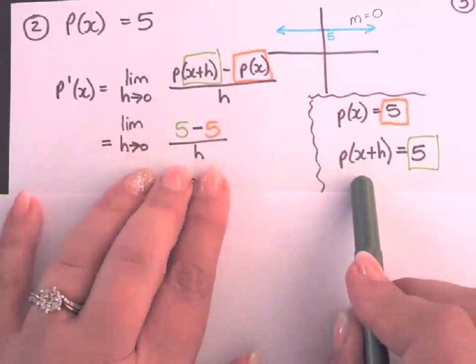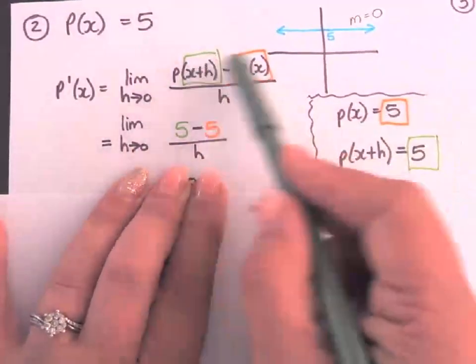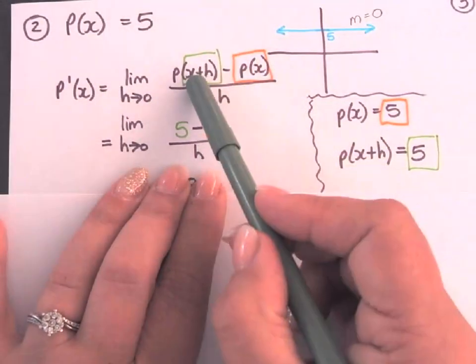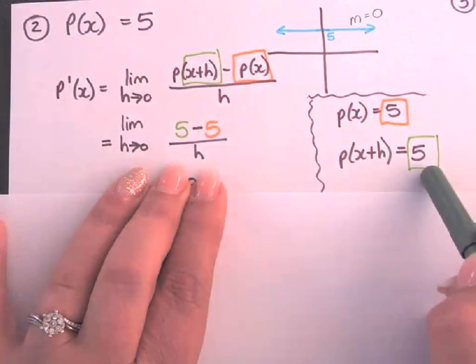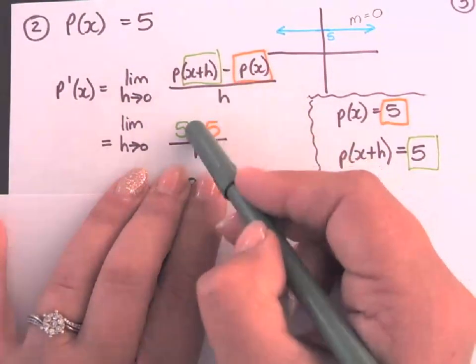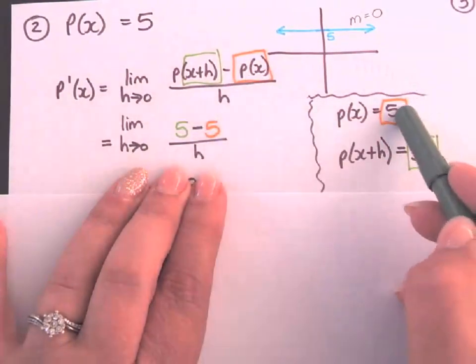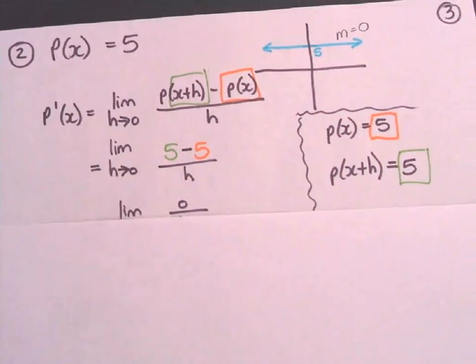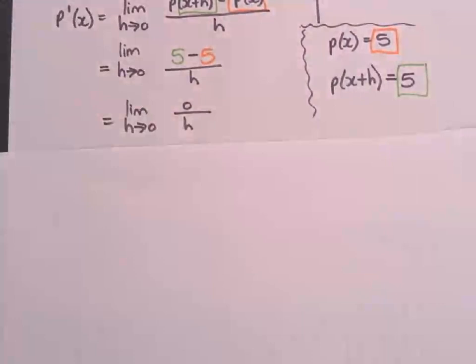Now we're going to substitute these values from the formula into our sum. p of x plus h is 5 minus p of x is 5. 5 minus 5 is 0 over h.